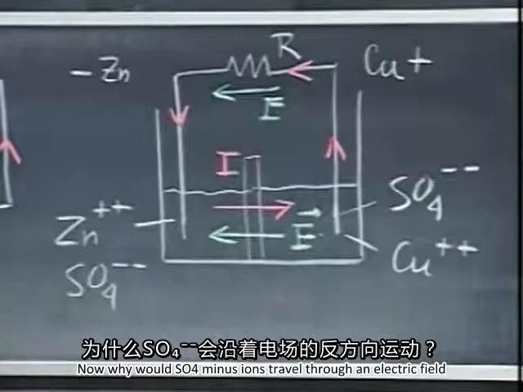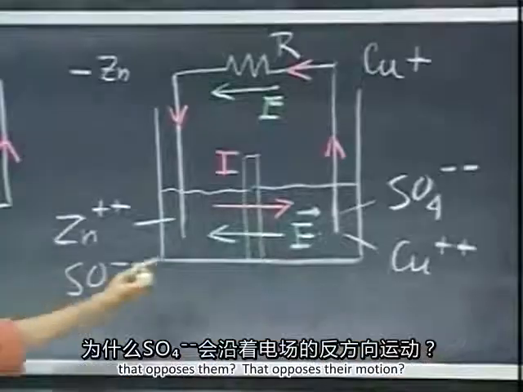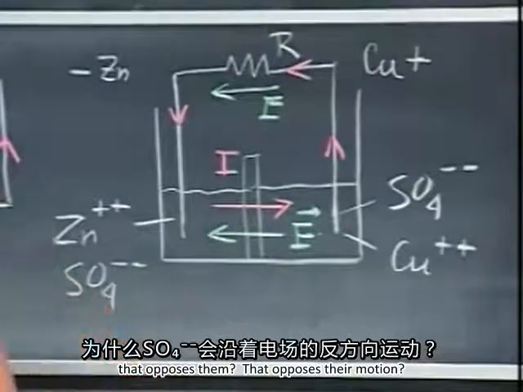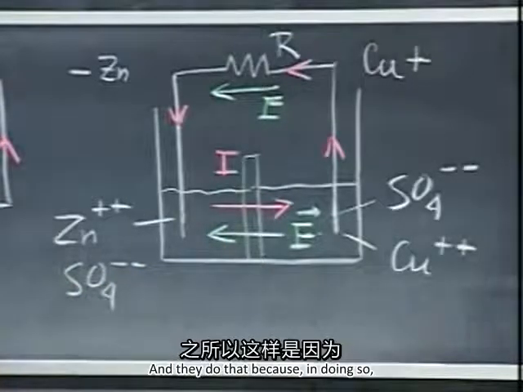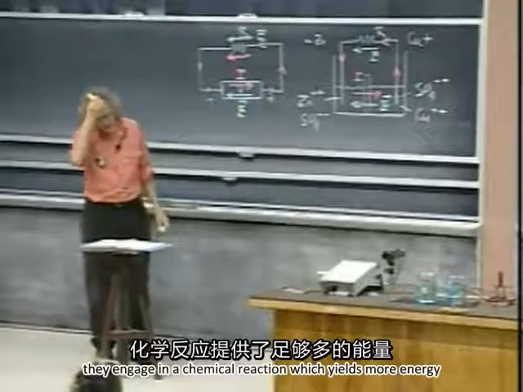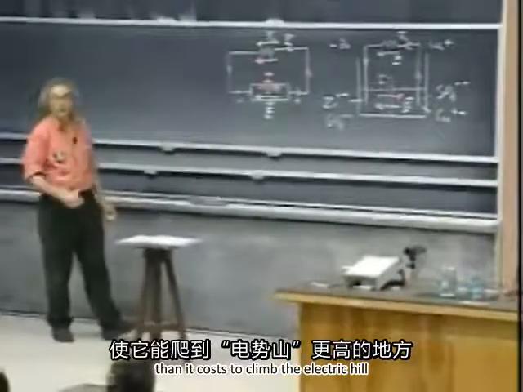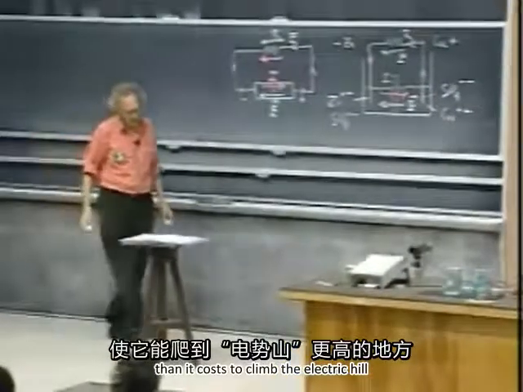Now why would SO4 minus ions travel through an electric field that opposes their motion? They do that because in doing so, they engage in a chemical reaction which yields more energy than it cost to climb the electric hill.